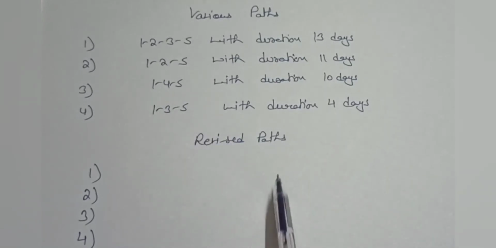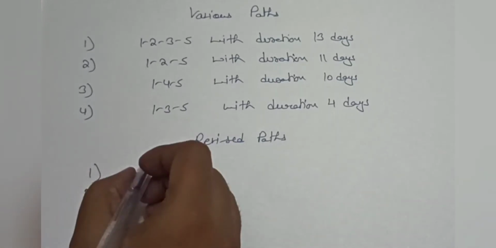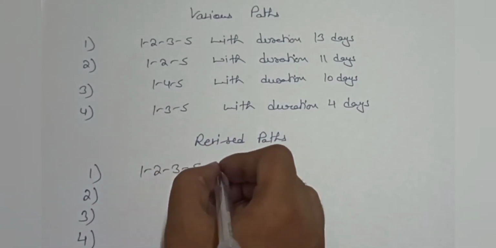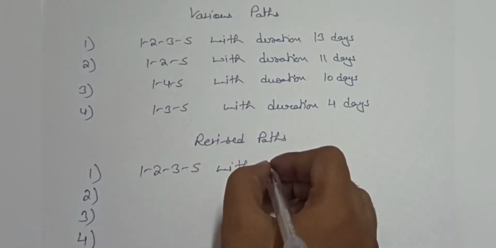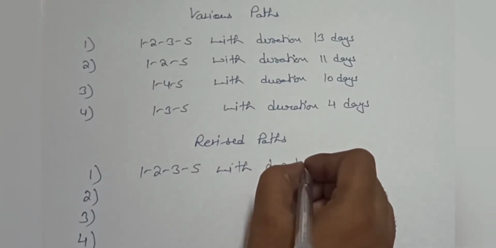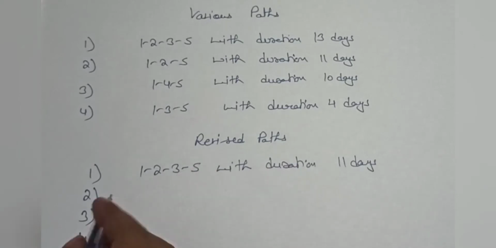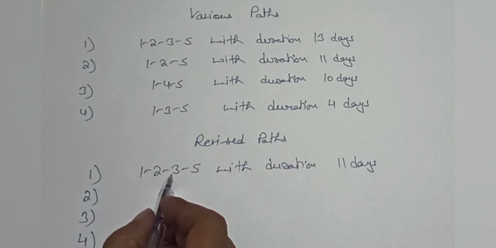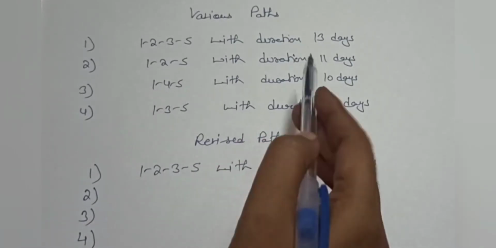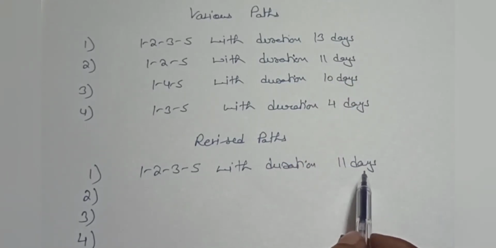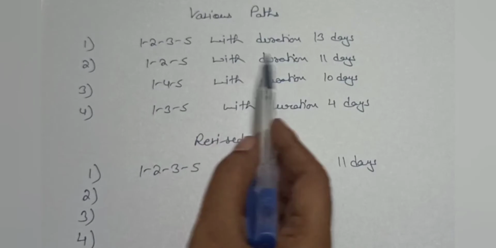Now we have revised paths. Our first path will be 1 to 2, 2 to 3 and 3 to 5, but now with duration 11 days, because we have crashed this activity by 2 days. So before we had 13 days duration, now we have 11 days duration. Balance paths will remain the same.